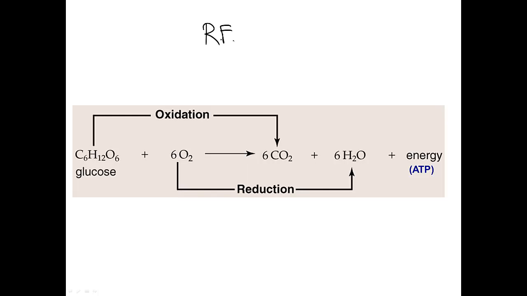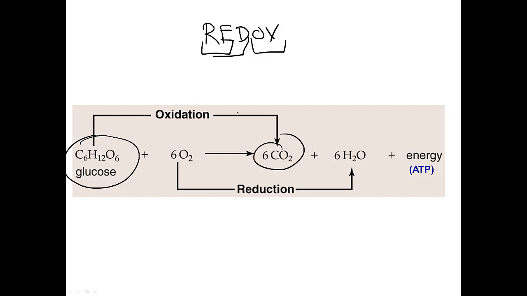Okay, so when we say redox, remember there's always the reduction and the oxidation. So glucose going to carbon dioxide is the oxidation reaction, and remember oxidation is the loss of electrons. So glucose is losing its electrons. And where are they going?